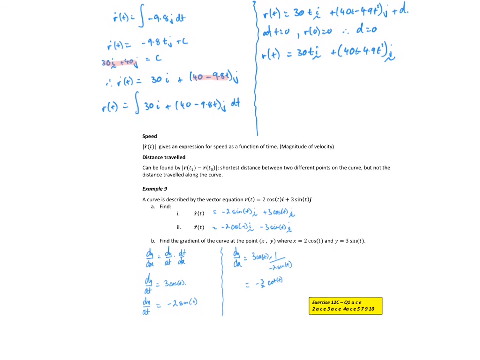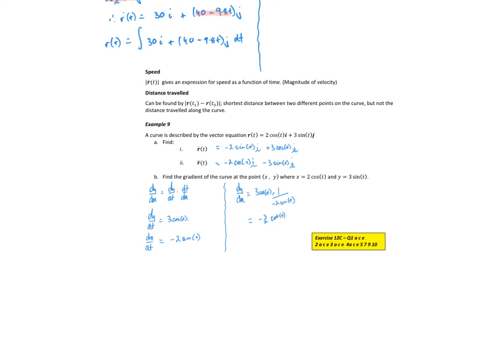All right, so here's another example here. So a curve defined in terms of cos and sine. r dot, we're just going to differentiate, aren't we? dr/dt. So position differentiated, dr/dt, is velocity. So the derivative of cos is minus sine.